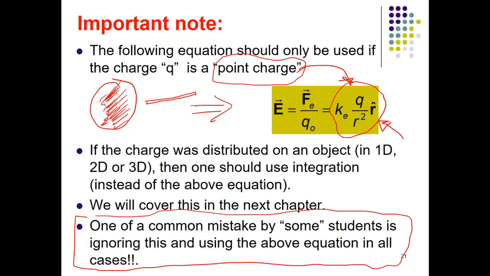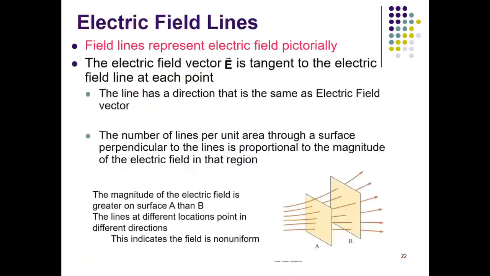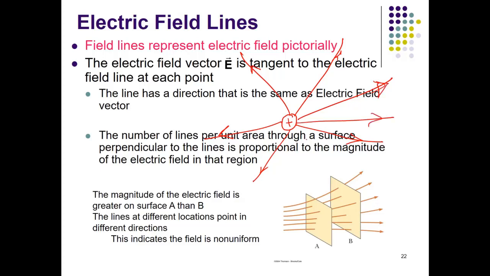My next few slides simply talk about something that I have already mentioned, which is electric field lines. If you remember, I talked about this. If you have a positive charge, electric field lines go away from it. So the first thing you need to know is, these electric field lines are not real.